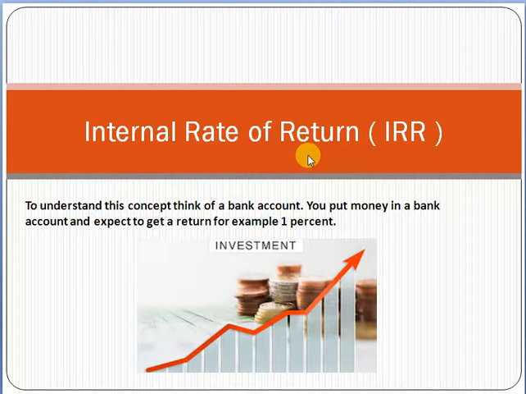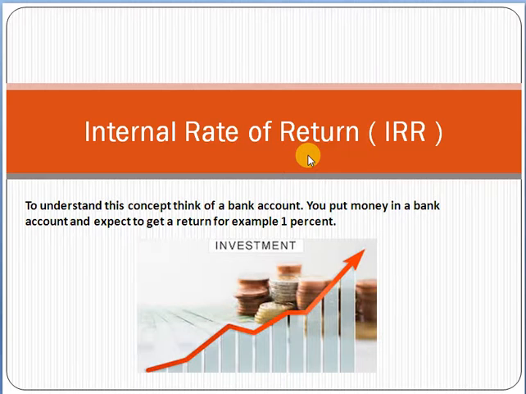So it is basically IRR, or a return on investment. 1% is the return on investment. You have invested, for example, $1,000 and now you are expecting 1% from your investment. This is called return on investment. You have invested some money, and now you are expecting some return on it.